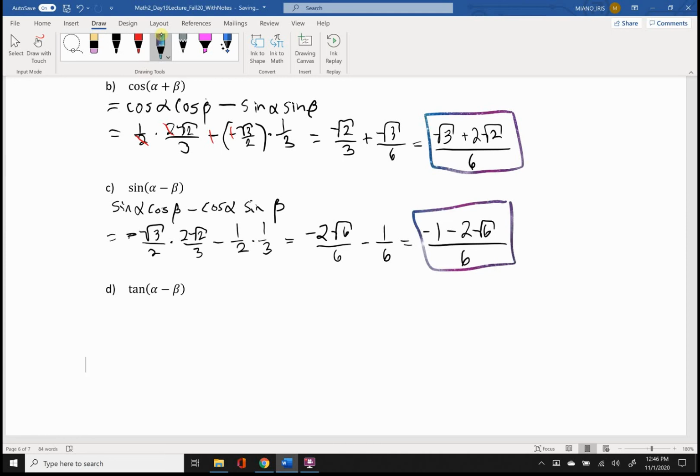All right, now for the tangent difference, we have to do some more work because we want to know what tangent alpha and tangent beta are. One thing we could do right away is say, what does this equal? For the difference, you maintain the difference of the tangents in the numerator.